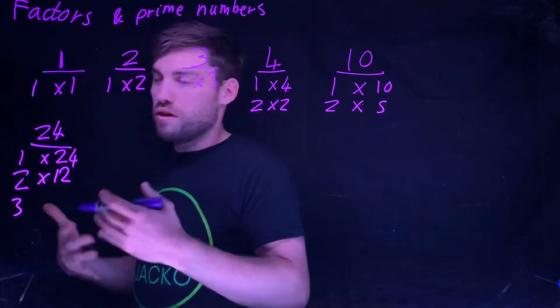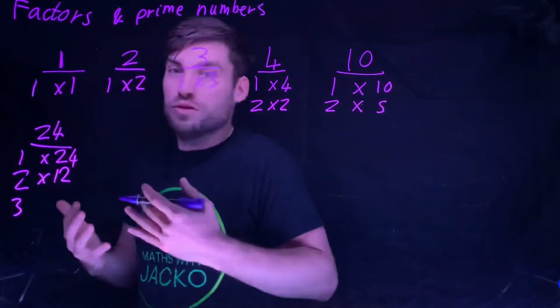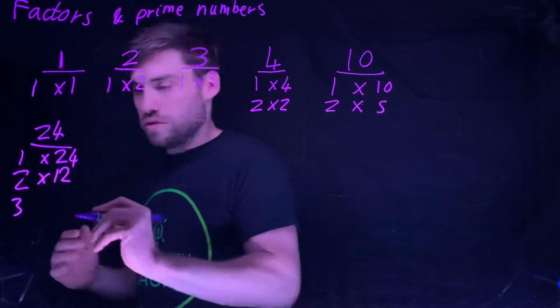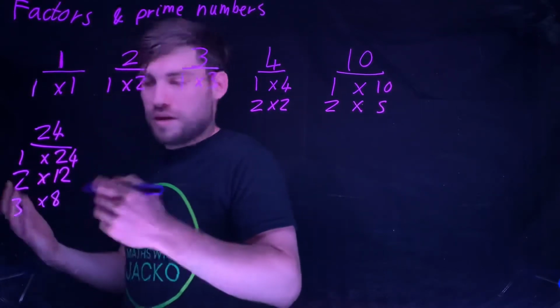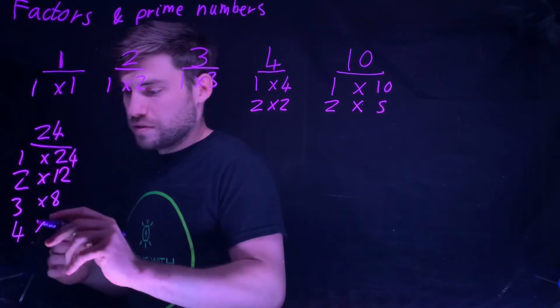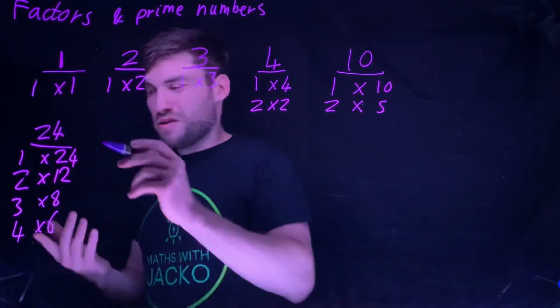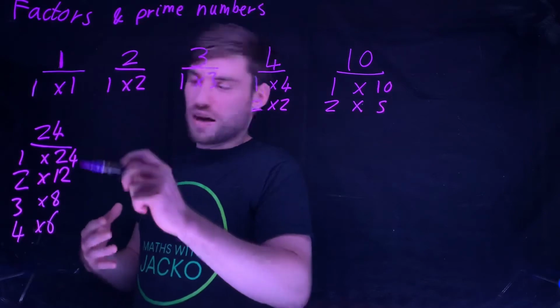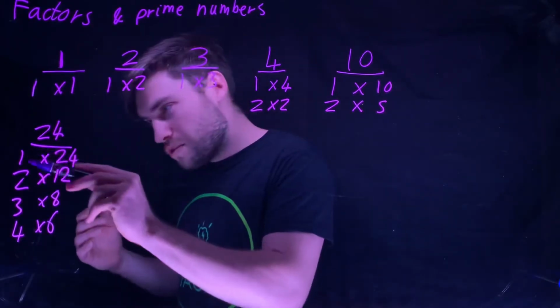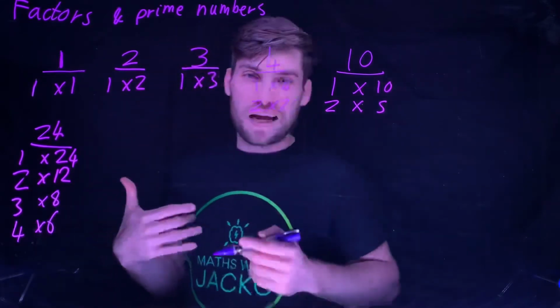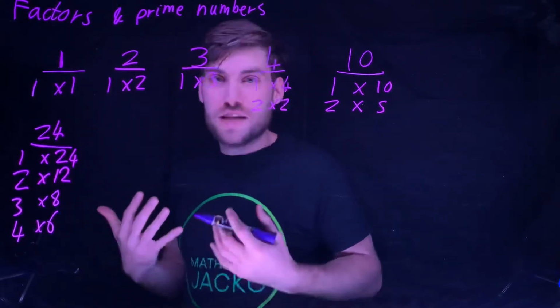That's a quick trick to know if 3 goes into a number, and it works really well with big numbers as well. So 3 times 8, and then does 4? Yes, it does. 4 times 6. 5 doesn't, because the number doesn't end in a 0 or a 5. So you see, 24 has all these factors, and by doing it this way I'm least likely to miss a number.